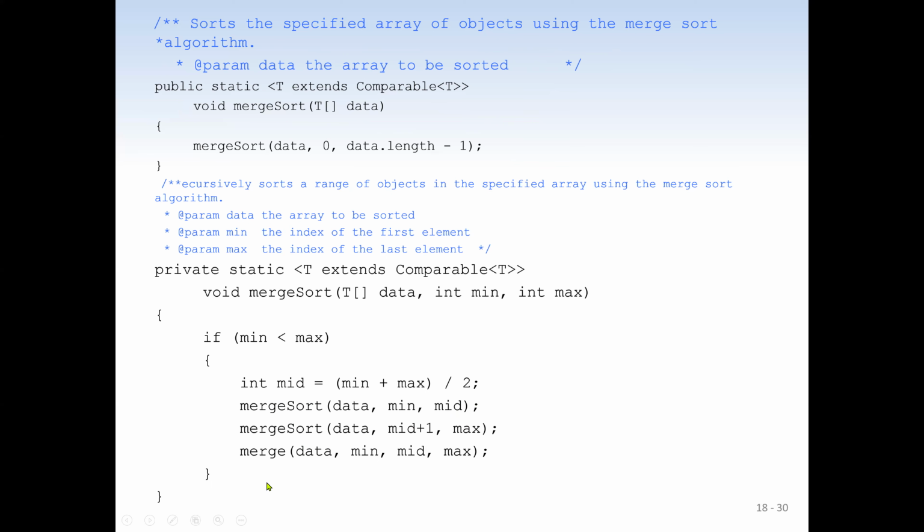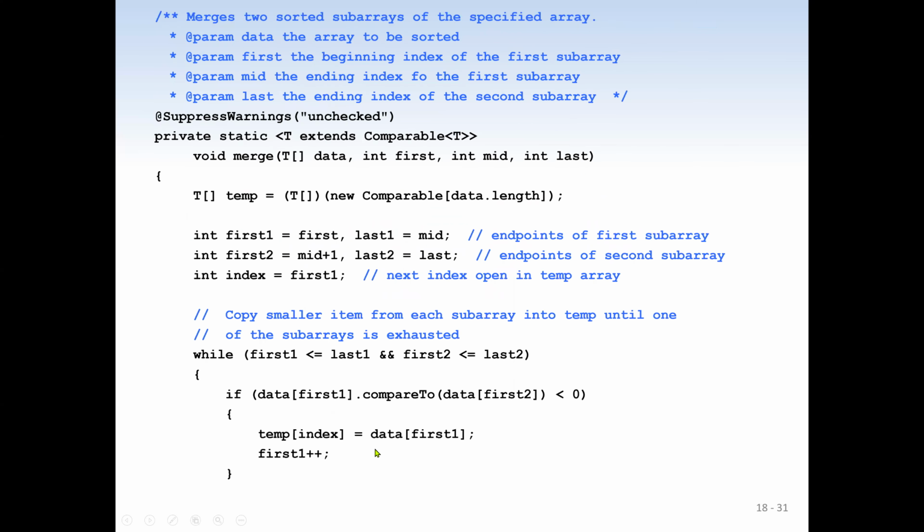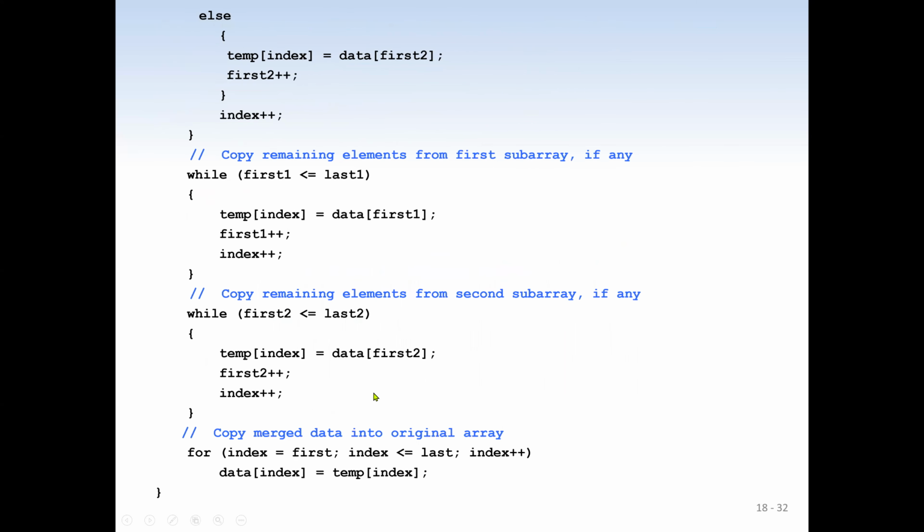Then we call the method merge again to merge the min and max together. So next we have the temp section for swapping. So we give the first 2 data to index, then we increment it, we return the index.